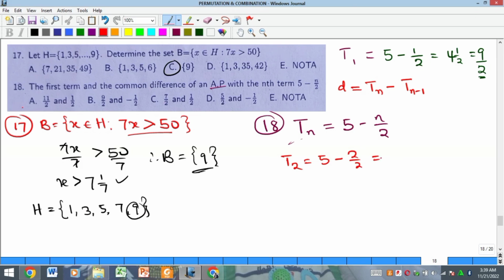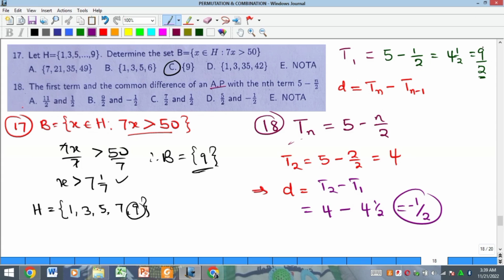And this is going to give us 4. Of course, 2 over 2 is 1. So that now means that our common difference D is equal to T2 minus T1. And what is our T2? 4. And our T1 is 4.5. So if you subtract this, you have minus half left. Therefore, what they're asking us to get is 9 over 2 and minus half, which is actually option B.